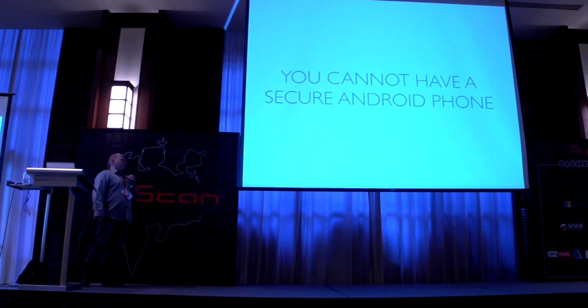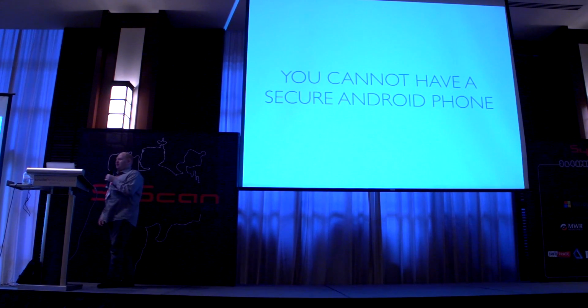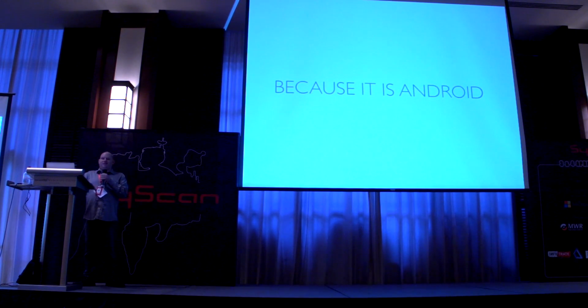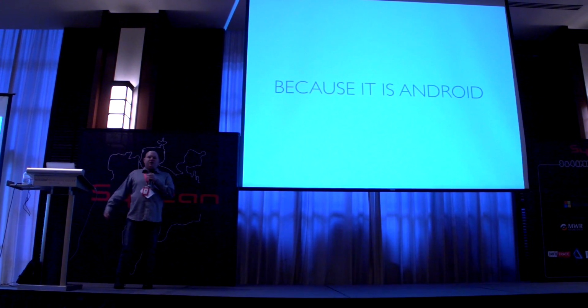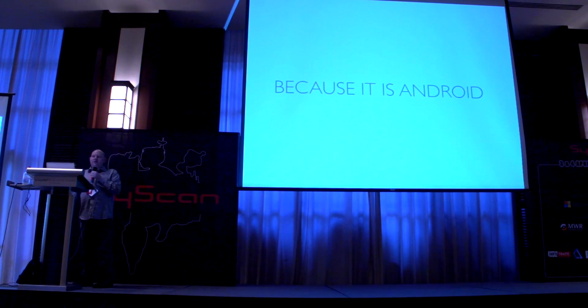But you can't really do it with Android, right? And there's a reason that you cannot have a secure Android phone. Number 1, it is a phone. Number 2, it is Android. Basically, the fundamental problem with Android is it is the product of a mass surveillance ad agency, and they are not your friend.